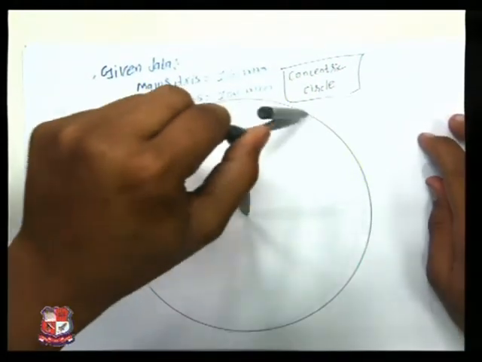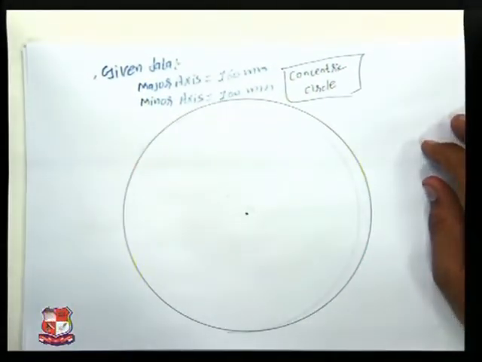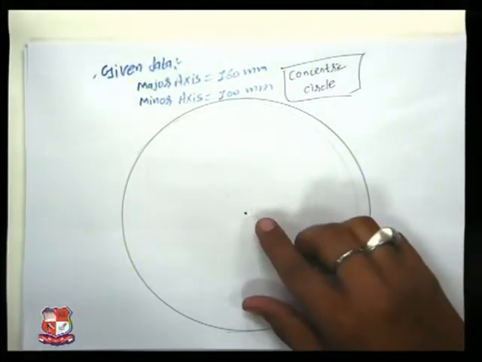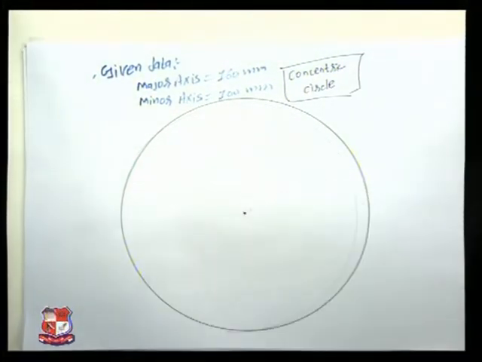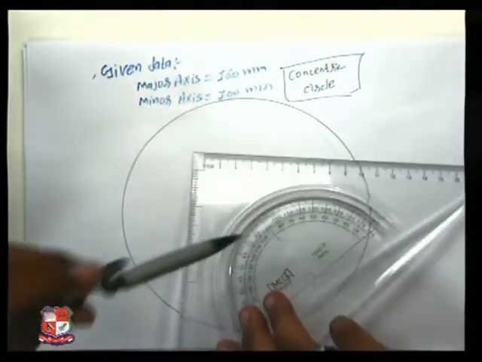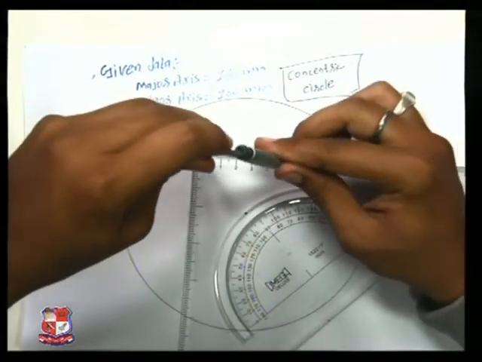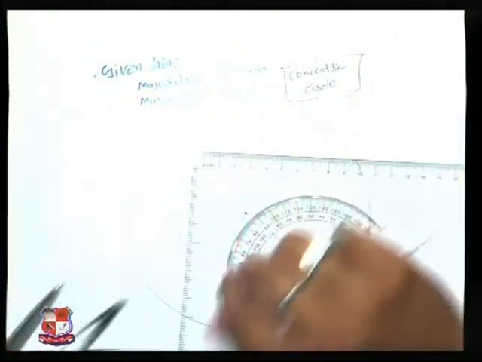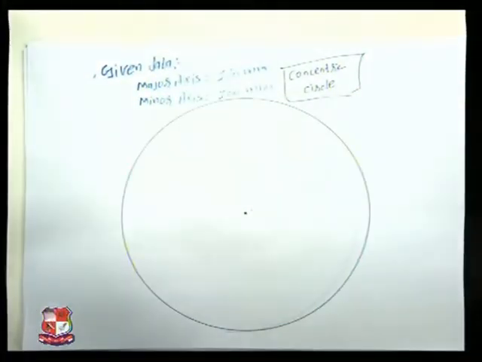80 mm radius circle. First of all, we are having the same center and drawing the circle of radius 50 mm.